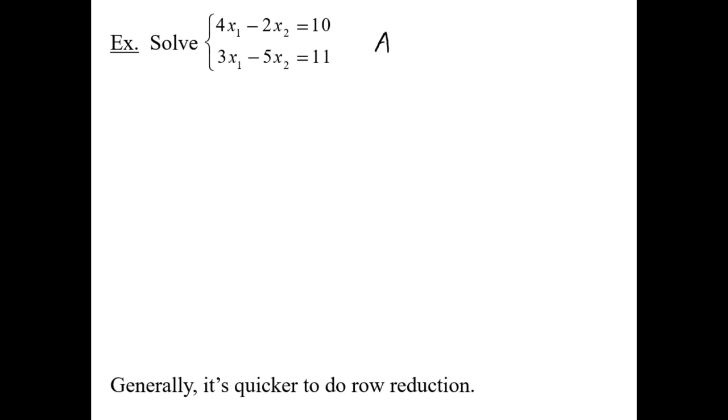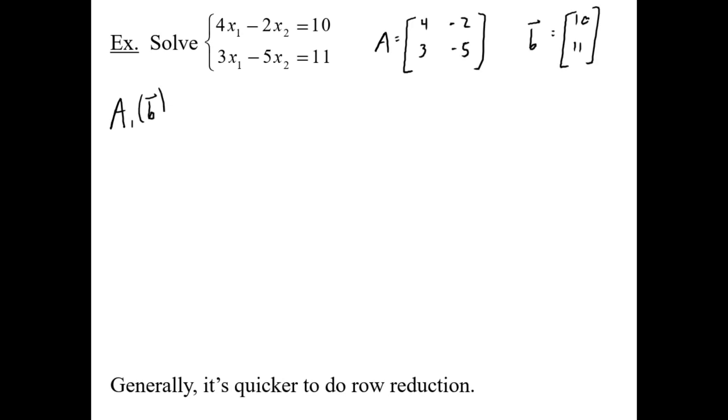So matrix A is going to be the coefficient matrix. So 4, -2, 3, -5. And vector b is the stuff on the right side. So that would be 10, 11. So A sub 1 of b is where we replace the first column of A with b. 10, 11, and then this is still -2, -5.